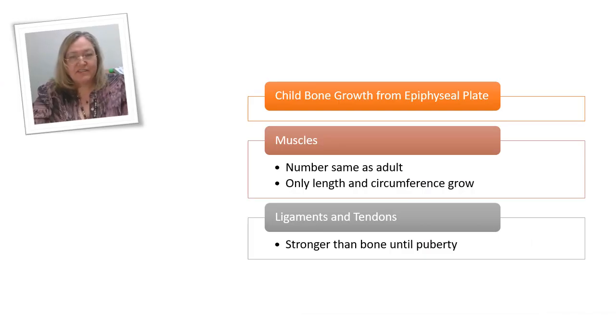So children have the same number of bones as adults do, but they get longer and grow in circumference, and they grow from the epiphyseal plate down. One other difference is that the ligaments and tendons are stronger than the bone itself until they reach puberty.